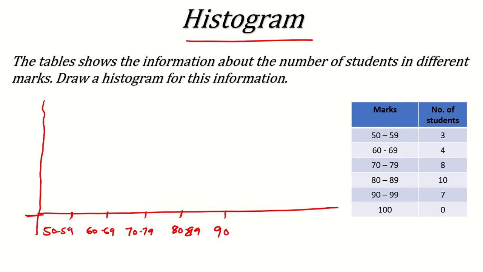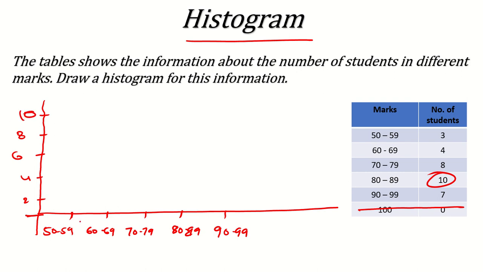So 90 to 99, and there is no need to write 100, I just wrote it because there was space. Now there also we need some numbers. Because the maximum value is 10, I will consider up to 10. So 2, 4, 6, 8 and 10.